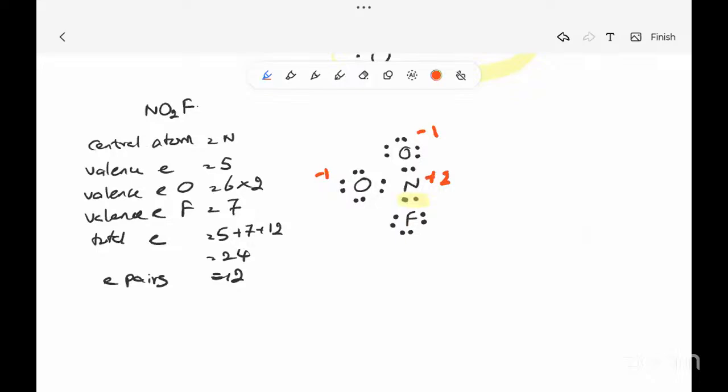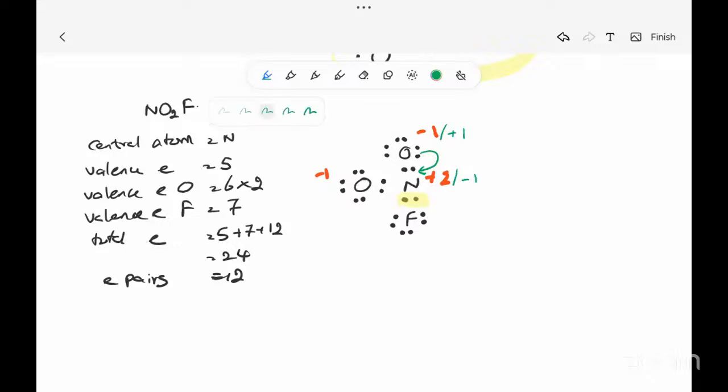So we need to create something like this, because we can't do more electron pair sharing, as nitrogen can have only 8 around the nitrogen atom. Because of this one, this will induce +1, this will induce -1.